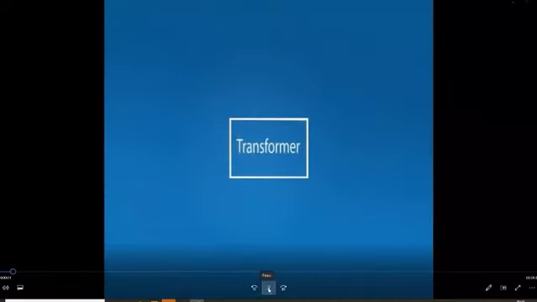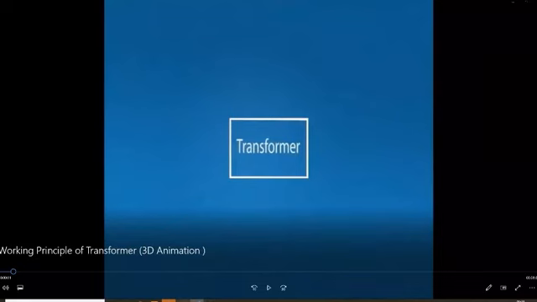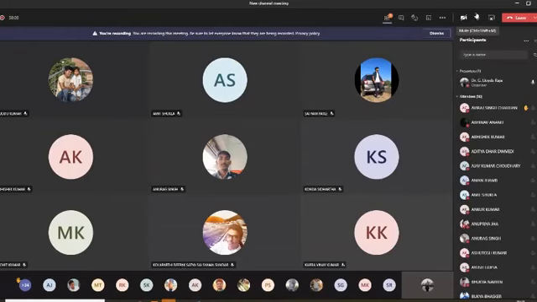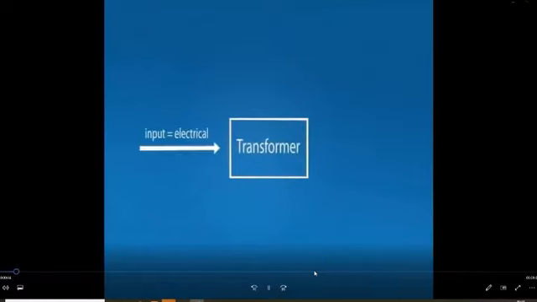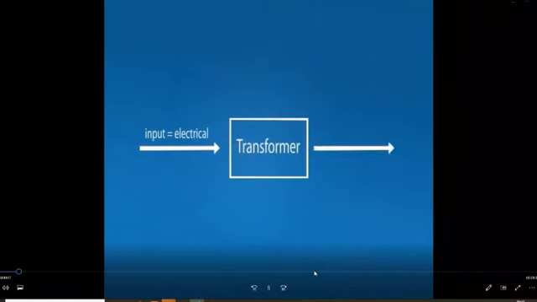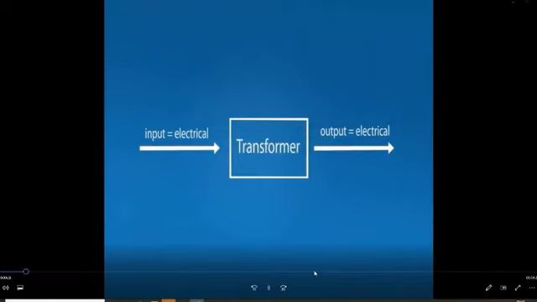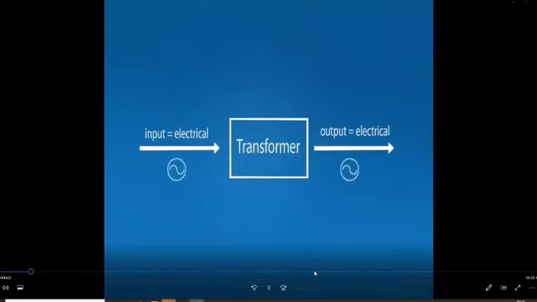Transformer is an electromagnetic static device in which input is in the form of electrical energy and output is also in electrical form. Also, the input and output are both in alternating form. Primarily, transformers are used to change the level of voltage and current.